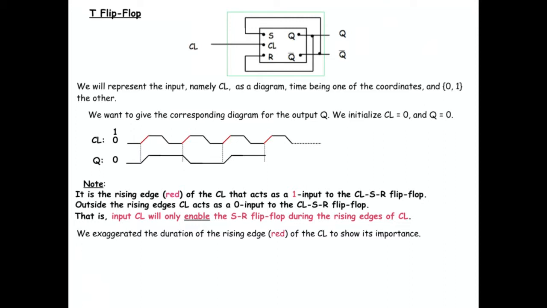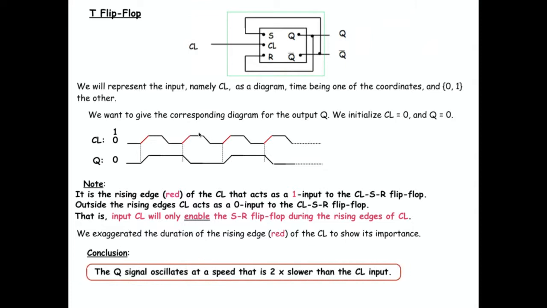So if you look at the phases of the oscillation, at the length of the period, you're seeing that the Q signal oscillates at a speed that is twice slower than the clock input, right? And this is sort of it for the flip-flop gates, right?